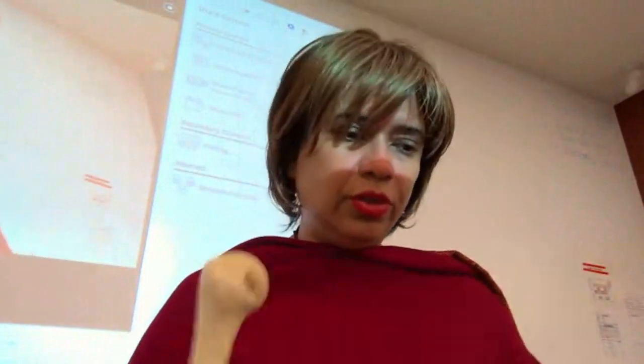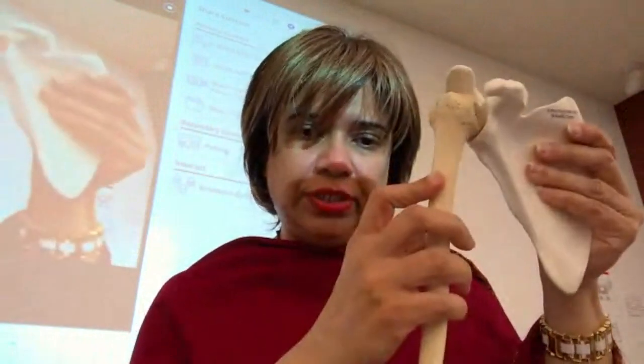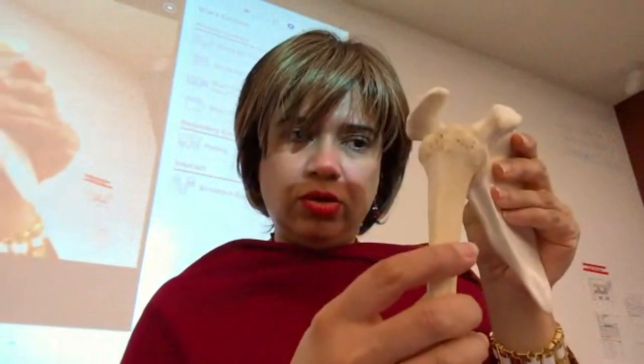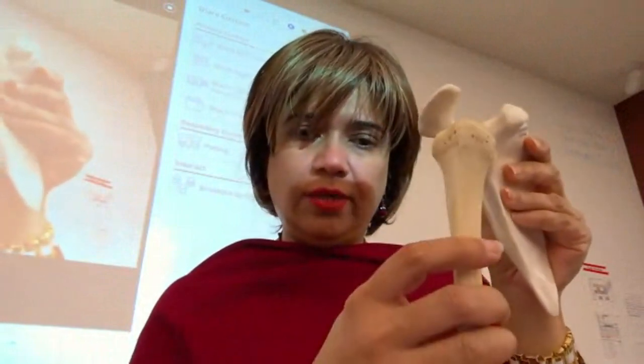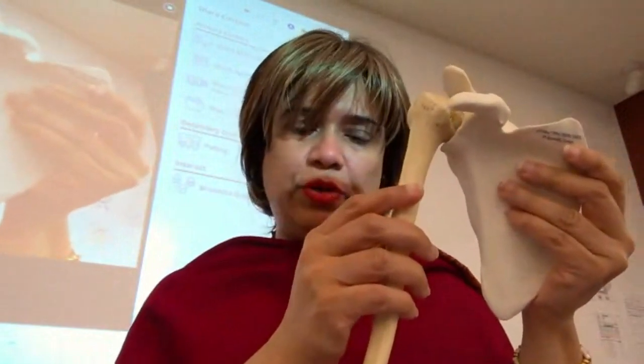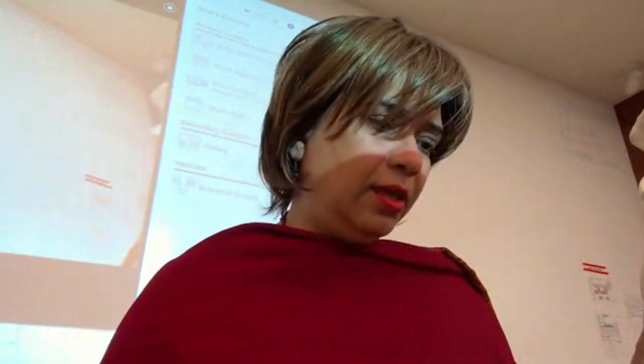I also wanted to show you the shoulder joint. So this is your shoulder joint, head of humerus going into the glenoid fossa or glenoid cavity of the scapula. The flat surface rests on the ribs.